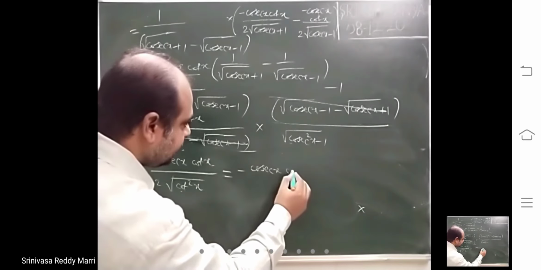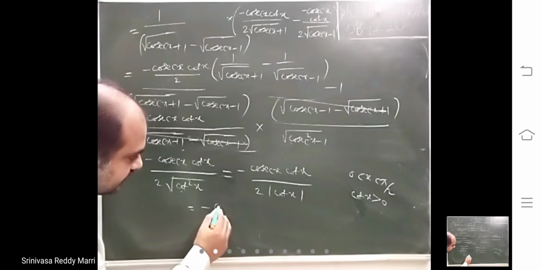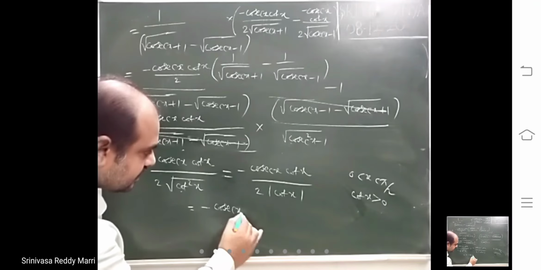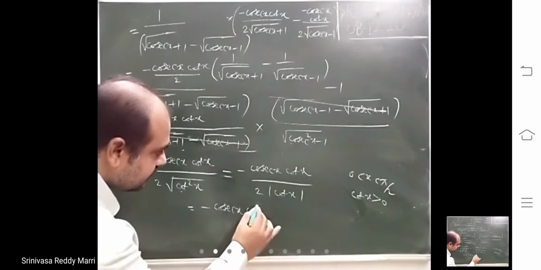But given in the question, x lies in the interval 0 to pi by 2, means first quadrant. In first quadrant, cot x is positive. That means modulus cot x will be cot x only. So what is your answer finally? Minus 1 by 2 cosecant x. That is your answer.